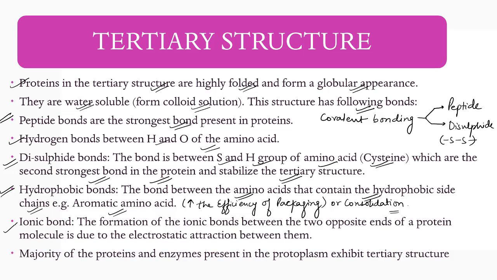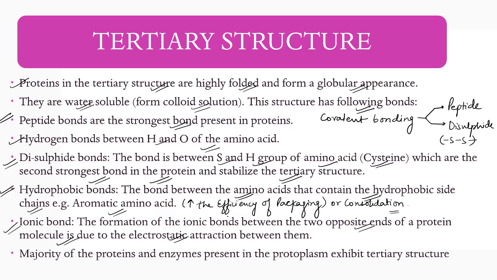Ionic bonds. The formation of an ionic bond between the two opposite ends of a protein molecule is due to the electrostatic force of attraction between them. Because of the distribution of charges, these charges attract the two chains or the groups present in two same or different chains, and this is known as an ionic bond.